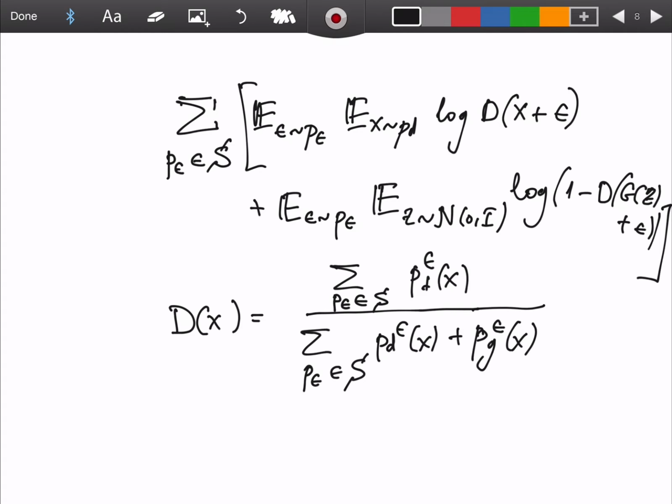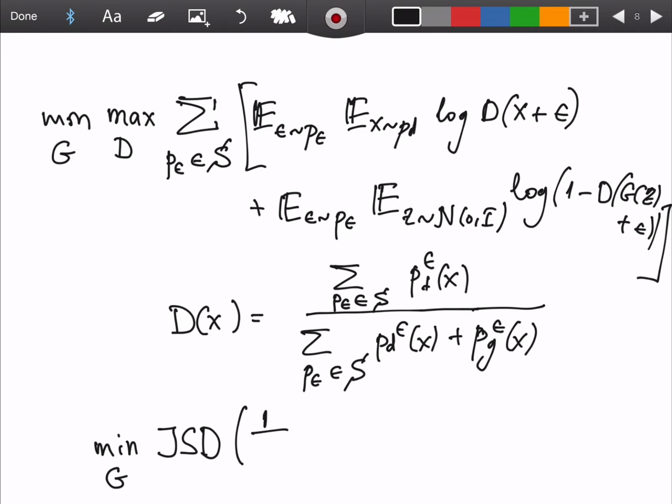Then if you substitute this D of X into the minimum, of course, you maximize this over D, and you minimize this over G. If you substitute this solution, you will get the minimization of the Jensen-Shannon divergence of, now I need to normalize to keep it probability densities, this sum of PD and this sum of the blurred PGs.